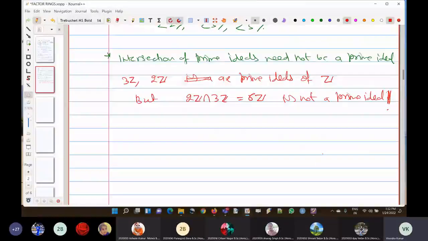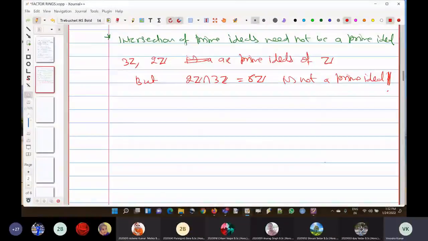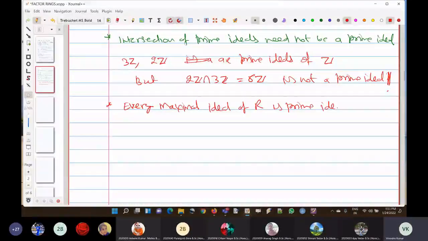Next, if I ask whether every maximal ideal in a general ring is a prime ideal, or conversely, it is not true. A few things let me note down more. In a general ring, is every maximal ideal of R a prime ideal of R?